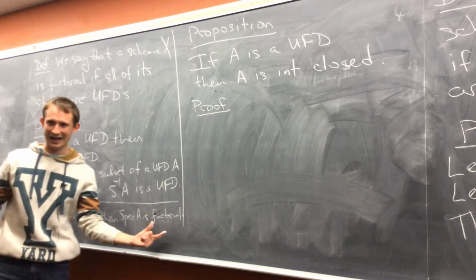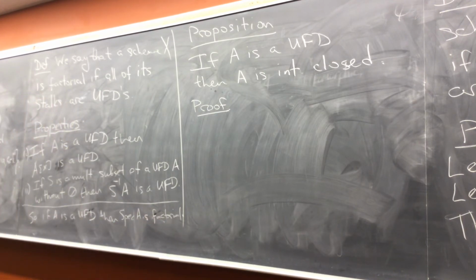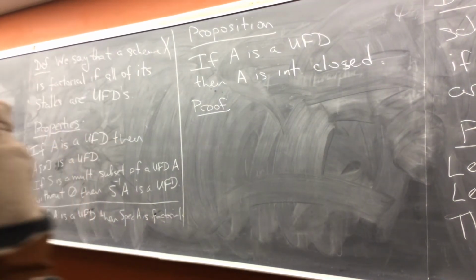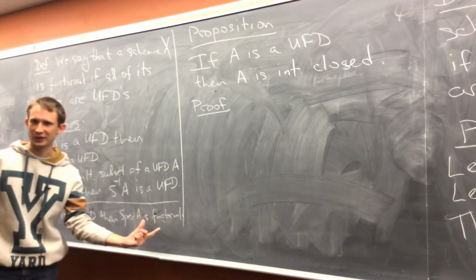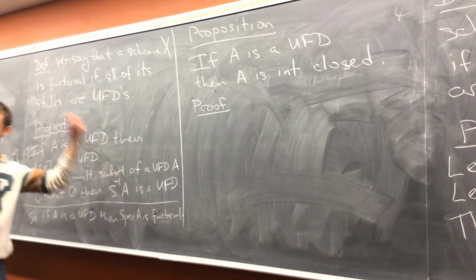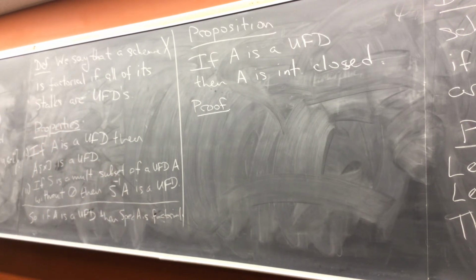And here you can also have a scheme that is factorial, but the original ring is not a UFD. I think the same example we just did proves that, because fields are trivially UFDs. The converse need not hold.